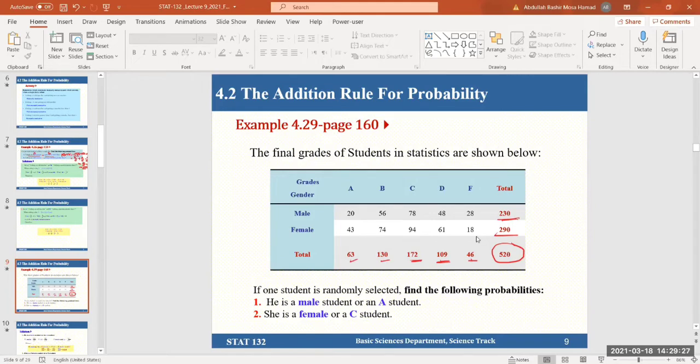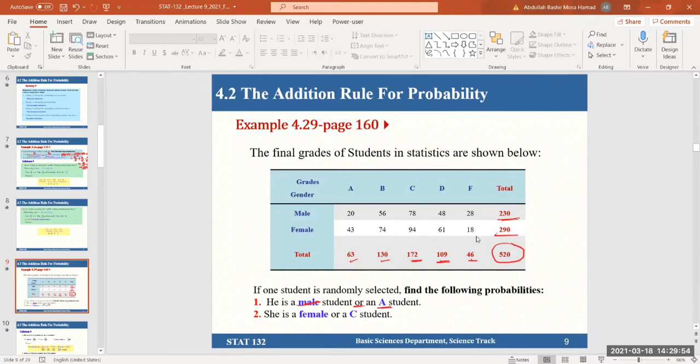We select one student randomly from this school, for example. If a student is selected randomly, find the following probabilities: he is male or an A student. We use the same formula.